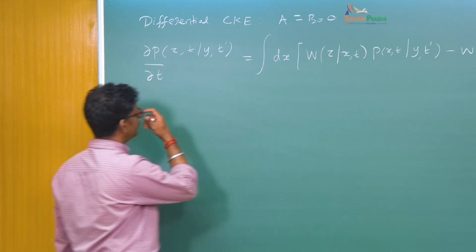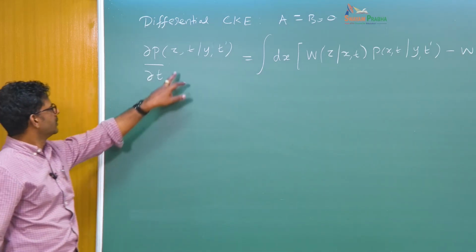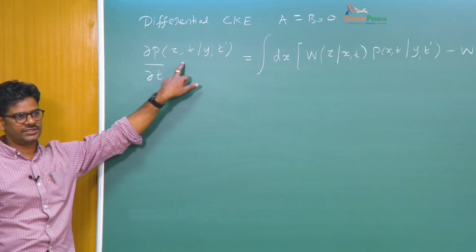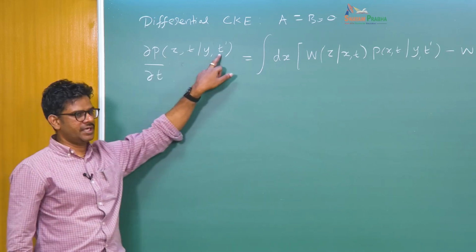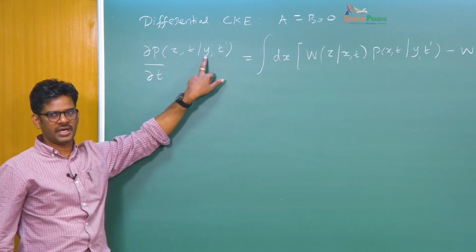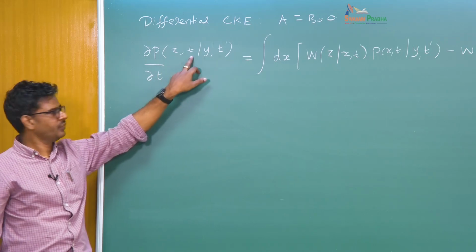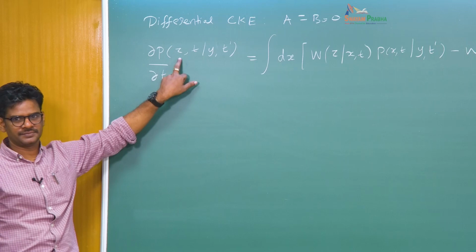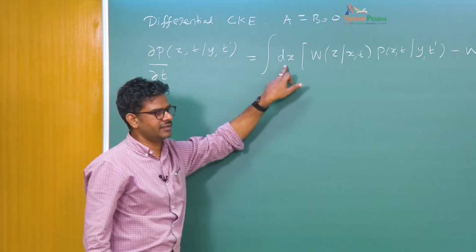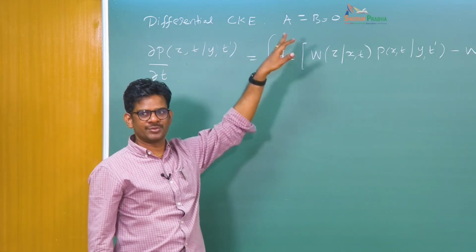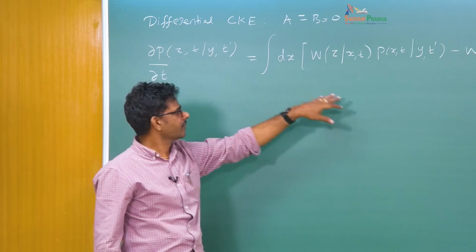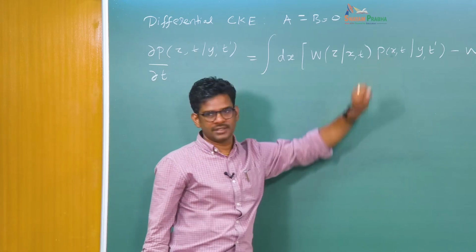So this is the differential Chapman-Kolmogorov equation for a discrete process. Here we have the rate of change of the transition probability: given that at time t prime the state is y, what is the likelihood that at the later time t, the system will reach a state z. That is given by an integral over many possible intermediates x.